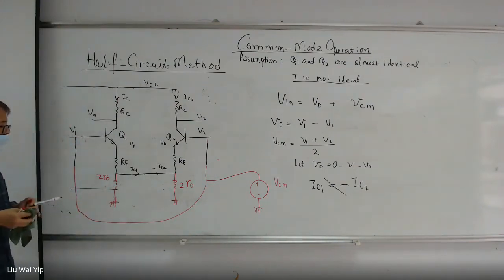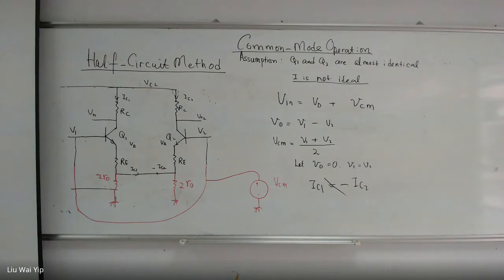Yeah, by the way, you don't need that because you are now actually going to use the half circuit. We are going to resolve this circuit in AC small signal.